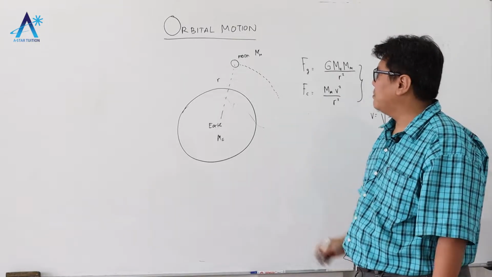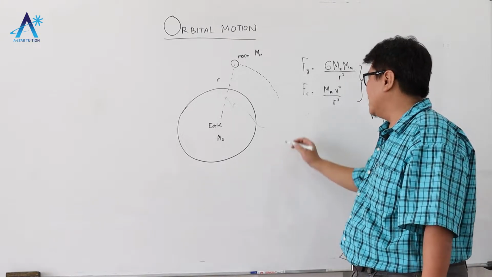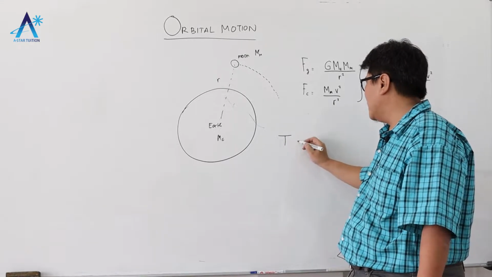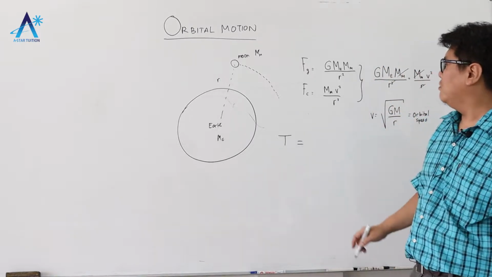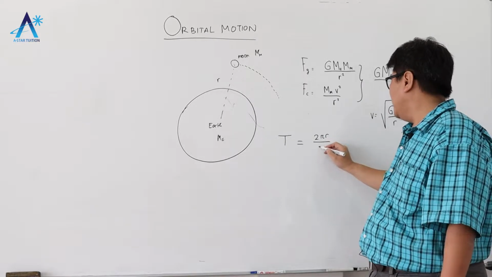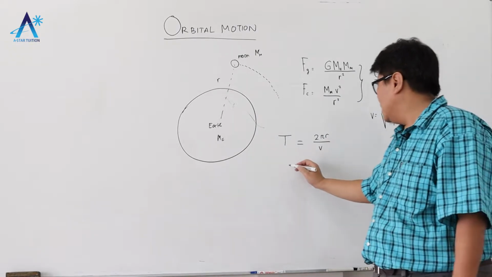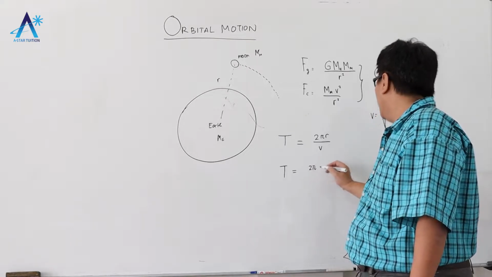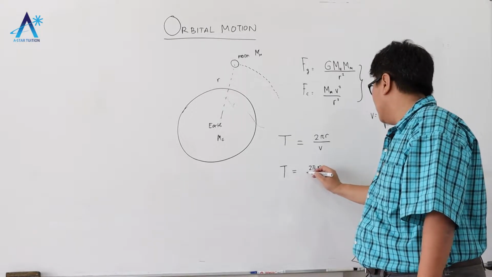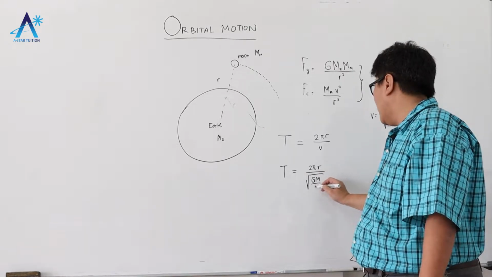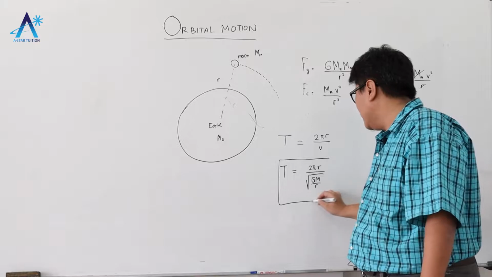In order to calculate the period, the period of time is equal to one full circumference of the circle, which is 2 pi r, divided by v, and v is this. So the period is equal to 2 pi r over the square root of G M_E over r. So this is the period.